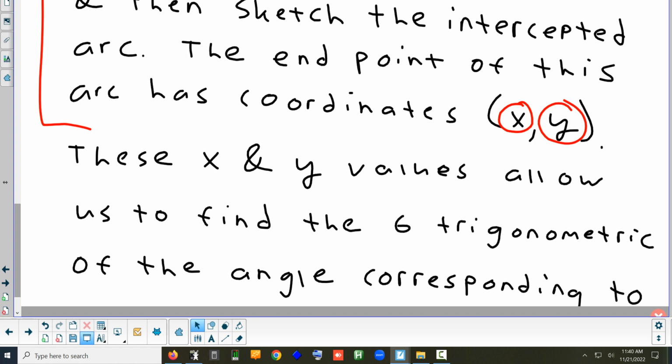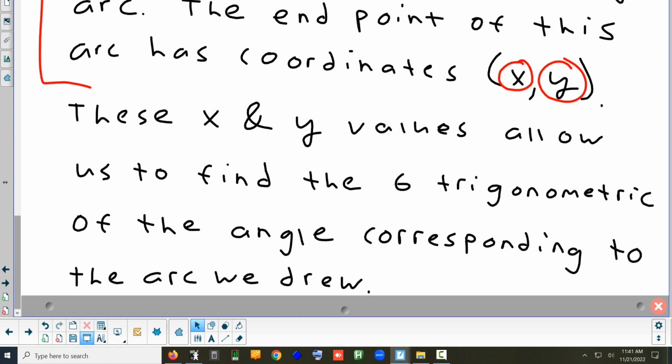Or cosine 30, root 3 over 2. You almost memorize them after you've used them enough. So we're going to find a coordinate, and once we find it, we're going to use the x and the y value of that coordinate to find what we call trig functions.